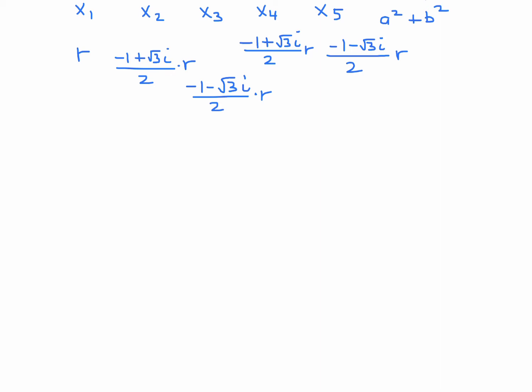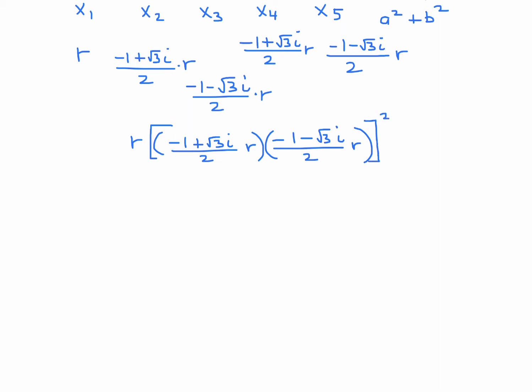Okay, so that product will be r times negative 1 plus root 3i over 2 r times negative 1 minus root 3i over 2 r. And then this, it looks like it just happens twice, right? So I can just put this twice, like that, because this is going to happen again.